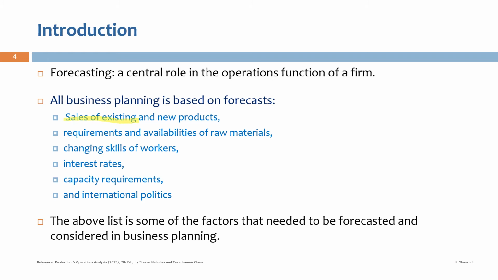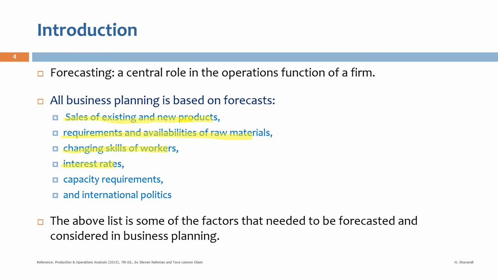Sales of existing and new products. So yeah, we need to forecast the sale of existing and new products. We need to forecast the requirements and availabilities of raw material. Yeah, we need to forecast the changing scales of workers in the future. We need to forecast the interest rates in the future years.